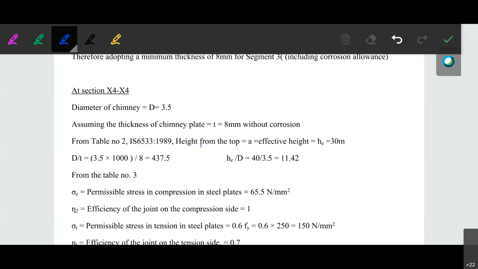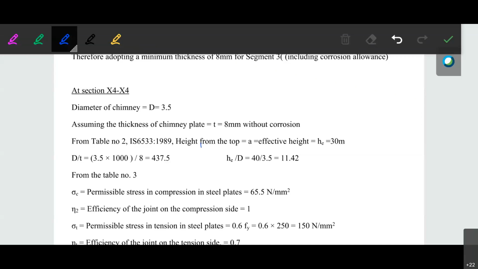Okay, again here on that particular tension side the MW is 2607.5. MW at the section X4, that is the moment due to the wind at section X4, will be equal to whatever the value for X4 is, it is equal to 2607.5 kilonewton into meter.